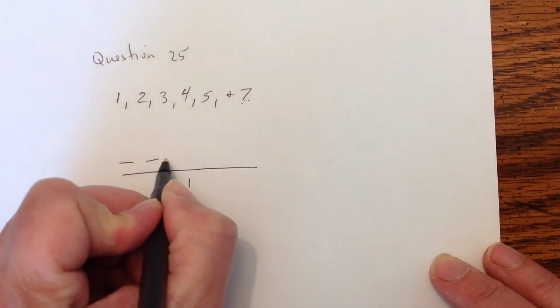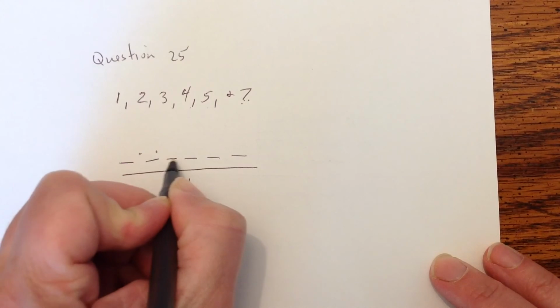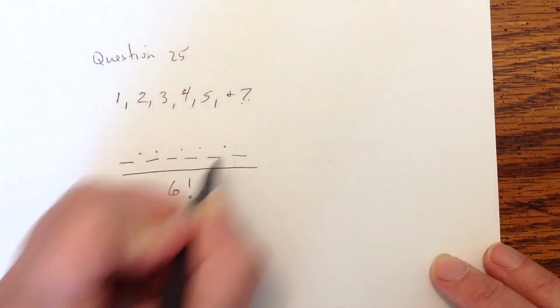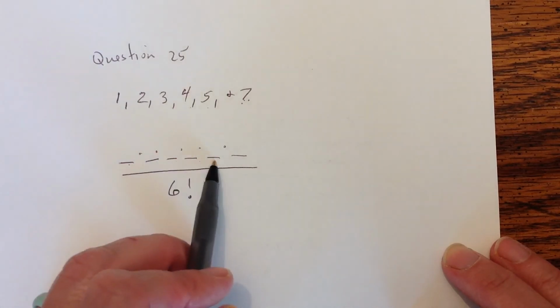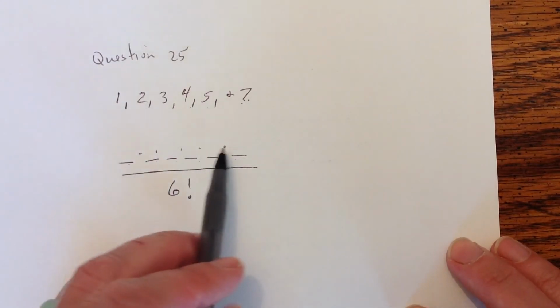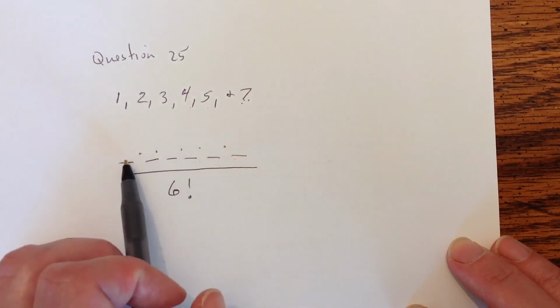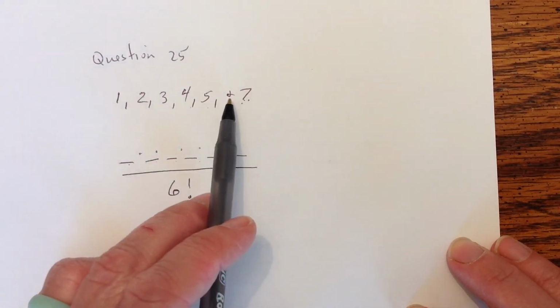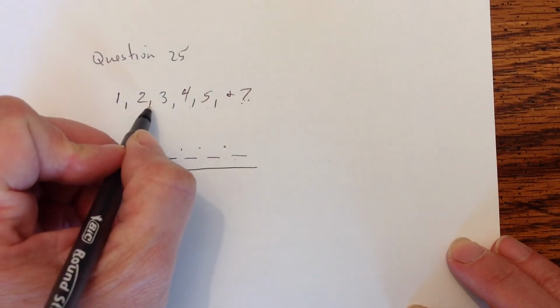Now the top we're going to break out using the fundamental counting principle into 6 actual place values for a 6-digit counting number. They want us to find the probability that the 6-digit counting number has both an even number on the front and the end. So how many even numbers do we have?